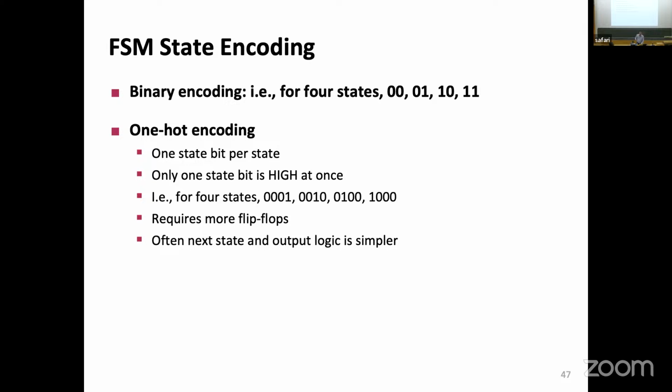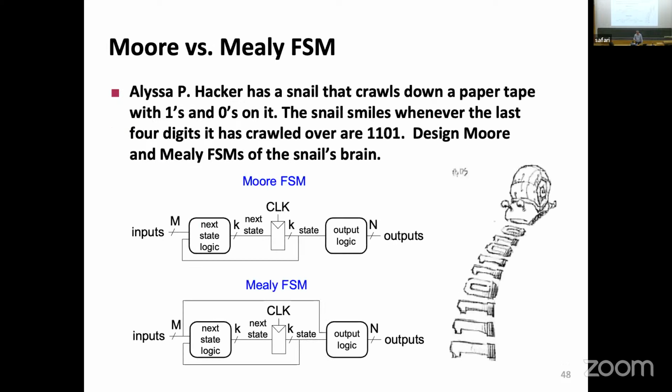Now let's come back to the Moore and Mealy FSM. Why are they different? For this, we have a great example. I really don't like this example, but okay. There is this cute snail, and the cute snail is walking over this ticker tape, and it's 0, 1, 0, 1, 1, whatever, something written.